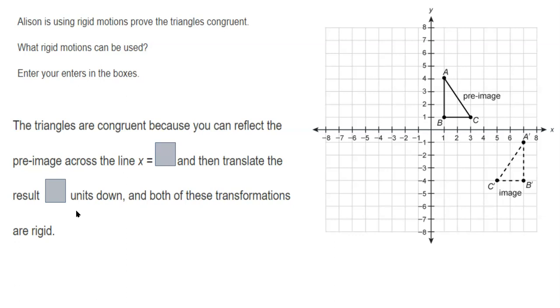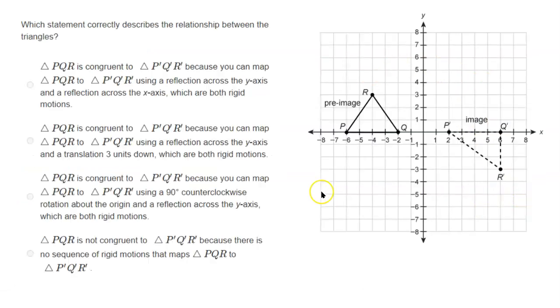And both of the transformations are rigid. So X equals what? Units down. And then we can go ahead and reflect it. So how many units down did we move?